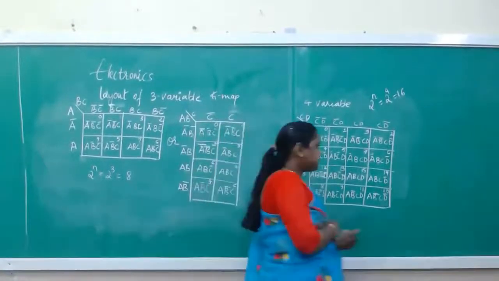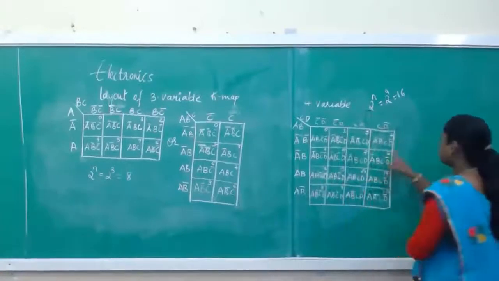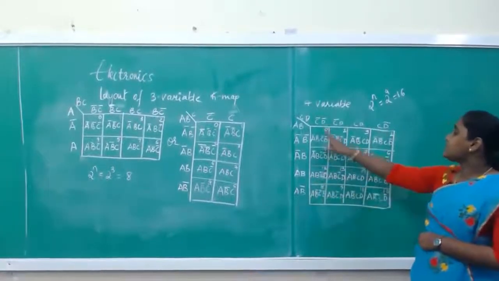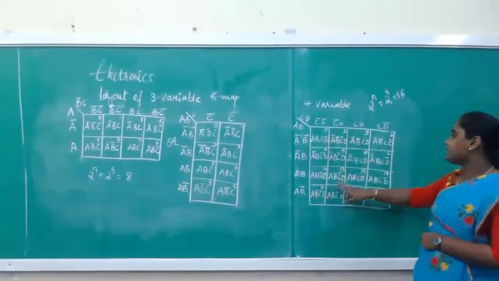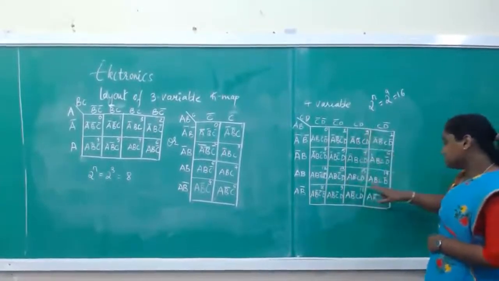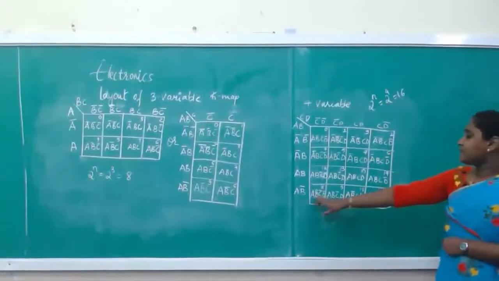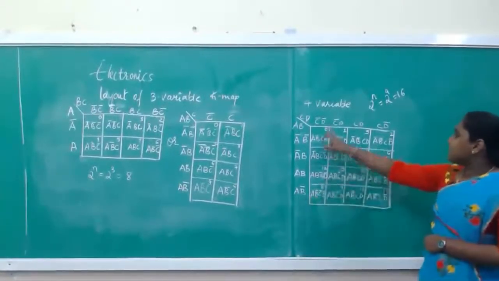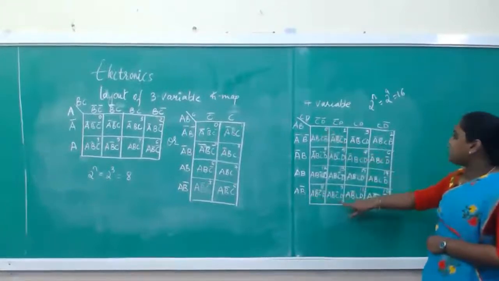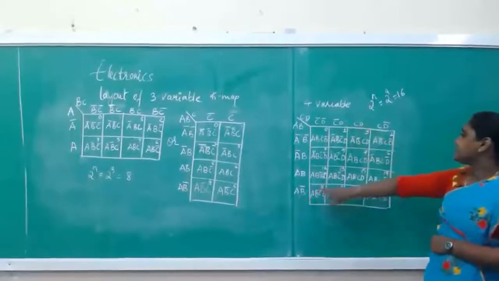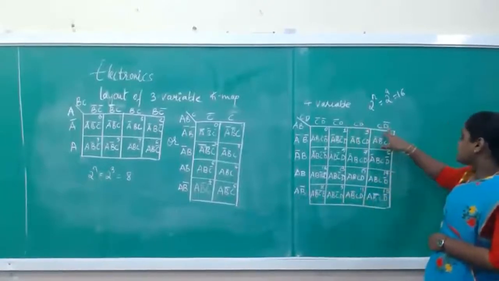Same way here, A B C D bar, A bar, sorry, A B C bar D bar, A B C bar D, A B C D, A B C D bar, A B bar C bar D bar. From here A bar, from here C bar D, A B bar C D, A B bar C D bar.